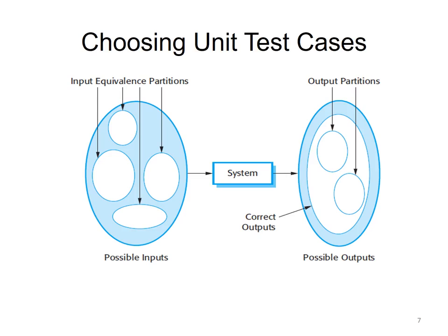As shown in the figure, the large shaded ellipse on the left represents the set of all possible inputs to the program that is being tested. The smaller unshaded ellipses represent equivalence partitions. A program being tested should process all of the members of an input equivalence partition in the same way.